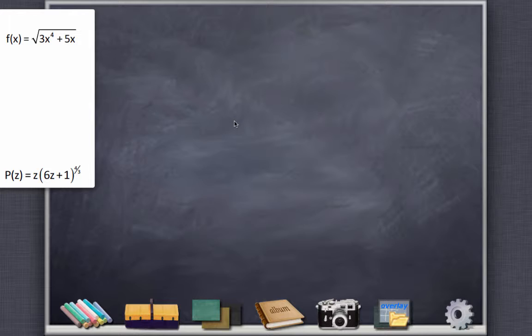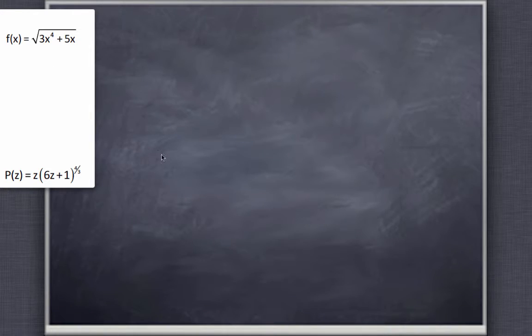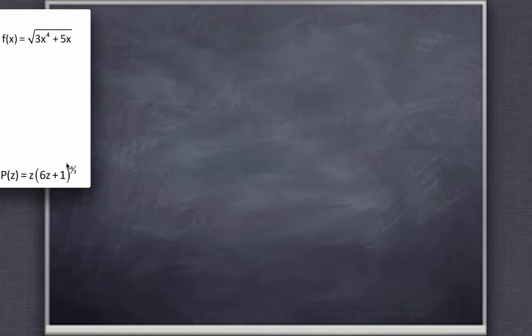And then this one is a product. If you like the u substitution way, try doing that for this one. Just stop the video now and see if you can do it. This one, u is already going to be busy in the product rule, so I'm not going to use the u substitution here. It's very confusing. So u is z, v is 6z plus 1 to the 4/3.